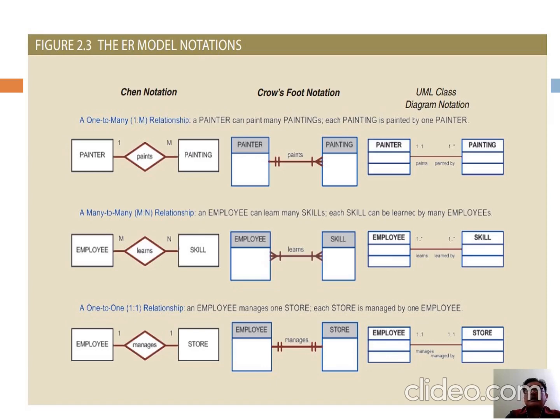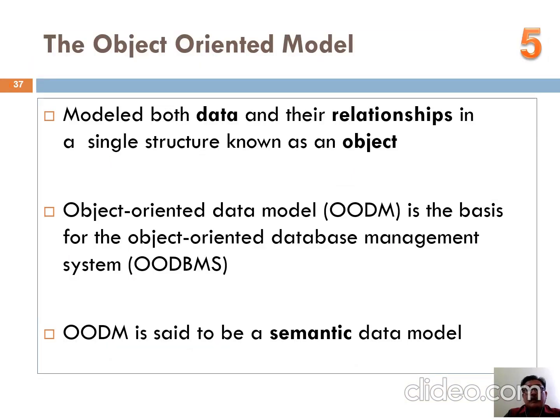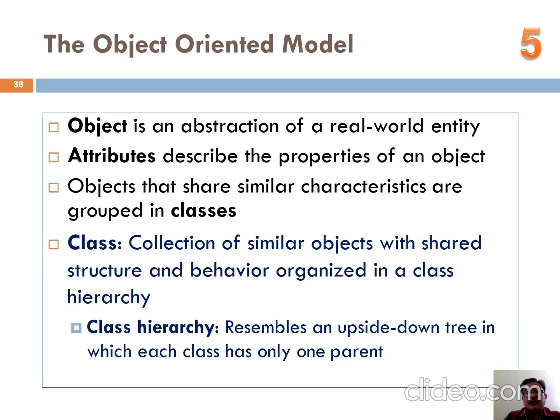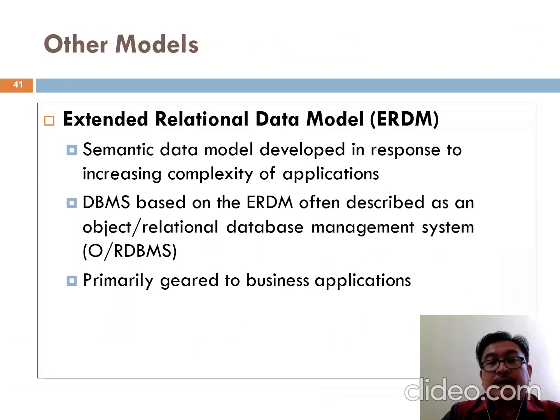Okay, this is another notation, the UML class diagram notation. This is the fifth type of data model, the object-oriented model.